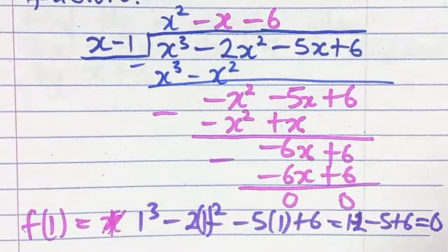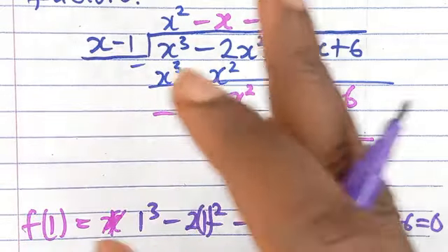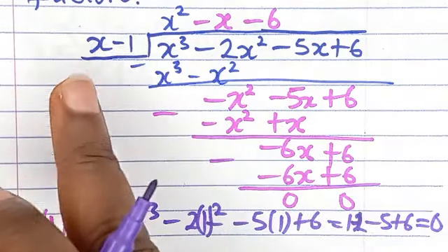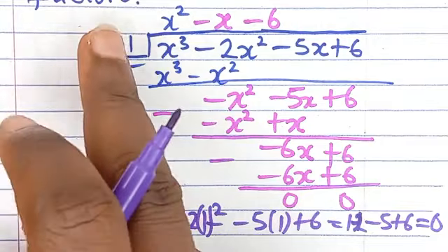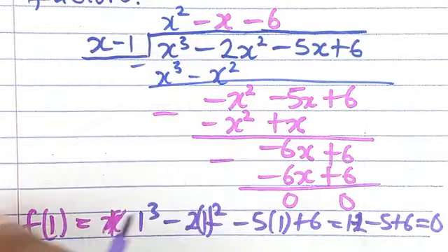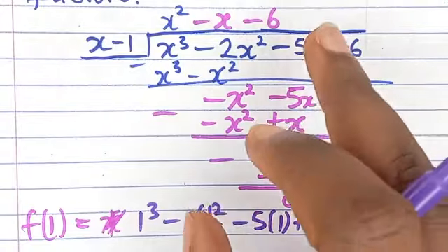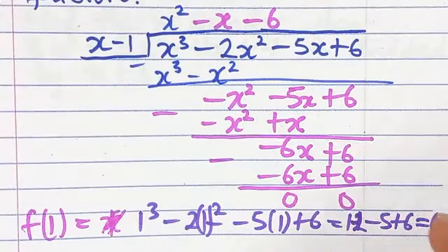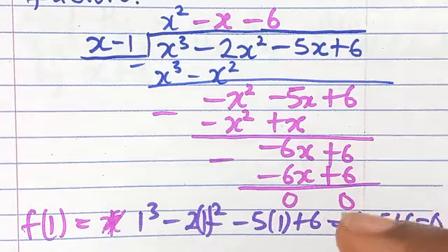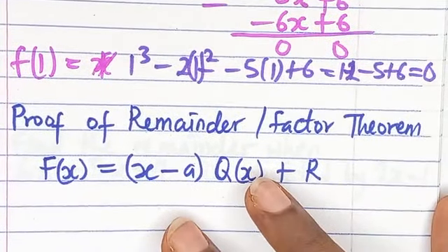So we have come to that conclusion that when we have a divisor, when we equate a divisor to 0 and then get the value of x out of it, when we substitute that value into the dividend, that's the original polynomial to be divided into, the result we'll get is the remainder from that division. So let's have it here, proof of remainder or factor theorem.